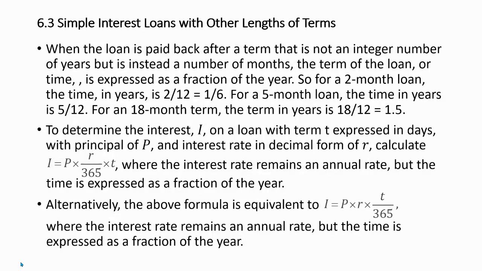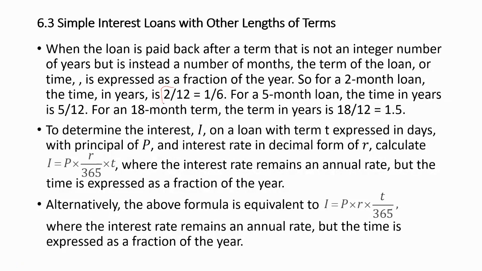The way to correct our simple interest calculation here is called a change of base. So rather than working in years, we would have to adjust to either months or days. So this example here shows you a 2-month or a 5-month loan. If you are given months, all you have to do is change that time amount.